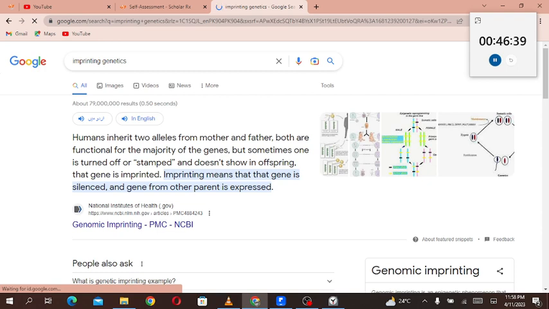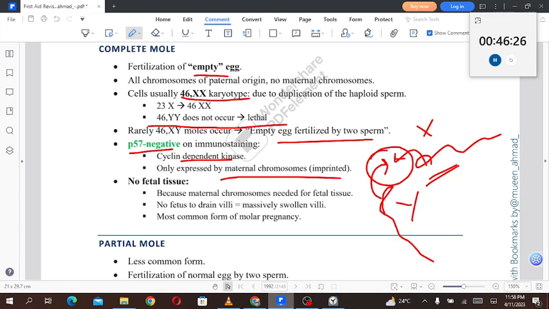Both are functional for the majority of genes, but sometimes one is turned off or stamped and does not show in the offspring. That gene is imprinted. Imprinting means that the gene from one parent is silenced and the gene from the other parent is expressed. So if P57 is coming only from the maternal chromosome, it means the paternal allele is imprinted.